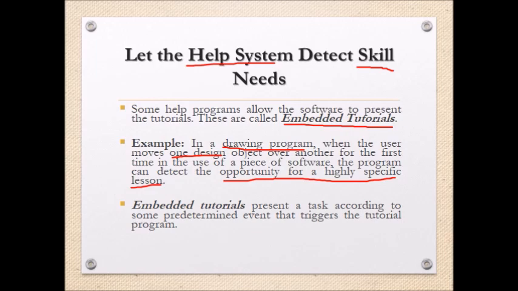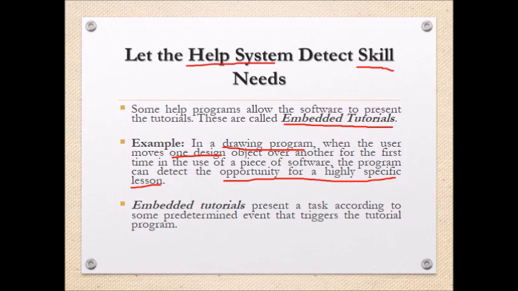In short, if I use an object in a drawing program for the first time, the software will know directly that this is the first time I use this feature. Directly it will show a lesson or a tutorial to teach me about this feature.